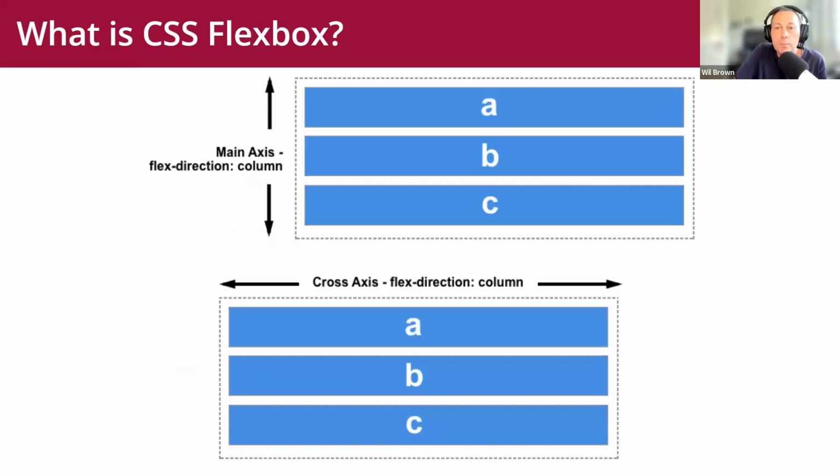If you have columns, for example a newspaper column, just say you've got 3 vertical columns, then your main axis is up and down. That's where items are going to be posted. They start at the top and go down, but once it gets to the bottom, then the cross axis comes in. So you can imagine 3 columns: your posts start at the top of the first, the middle, and the last, and then the 4th post goes to the middle column at the top, and it fills that way.